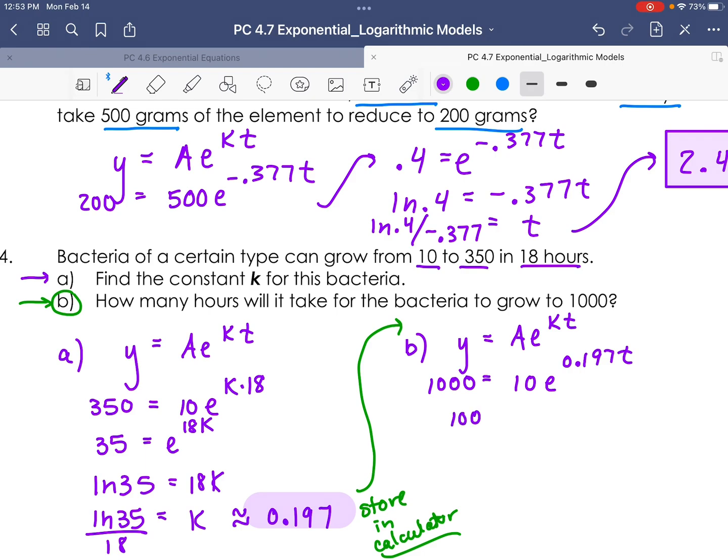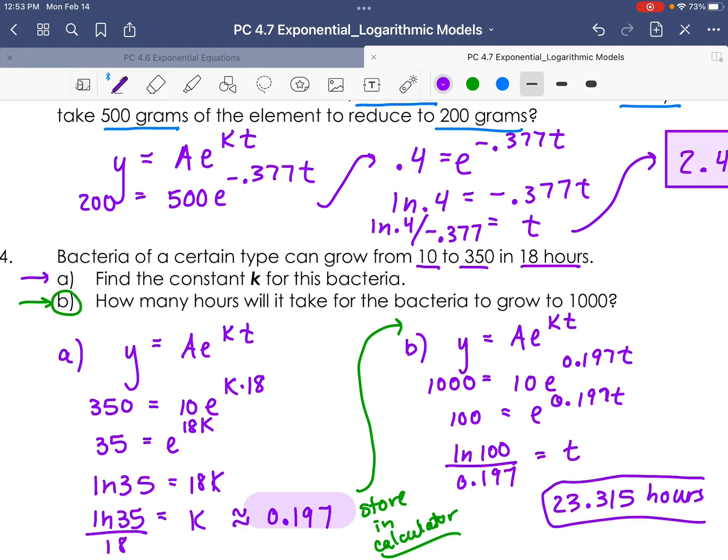Divide by 10. And natural log. You can go through all the steps. It should be about, and check your calculator please, 23.315 hours.